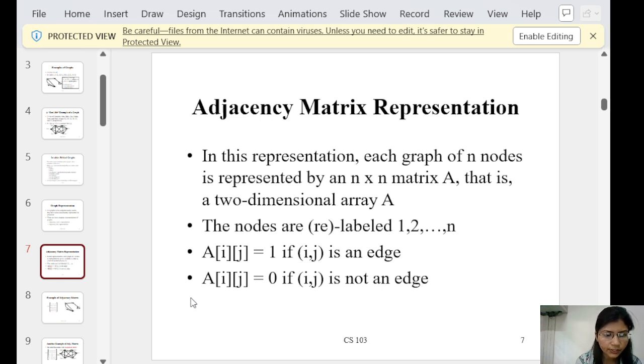A of i, j equals 1 if (i, j) is an edge.